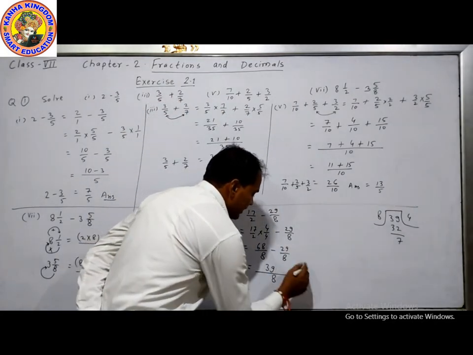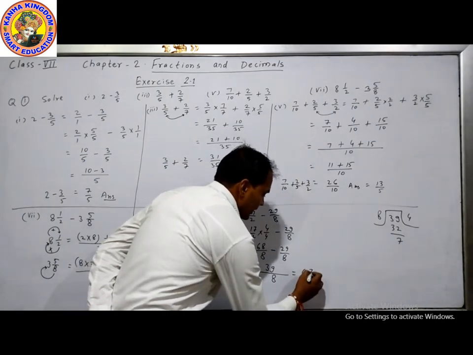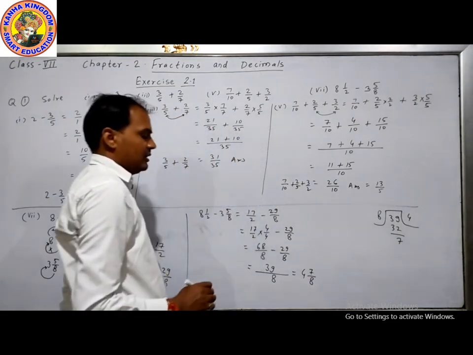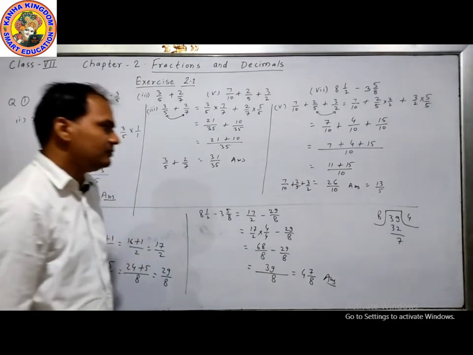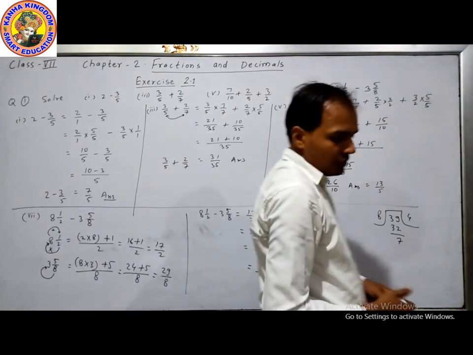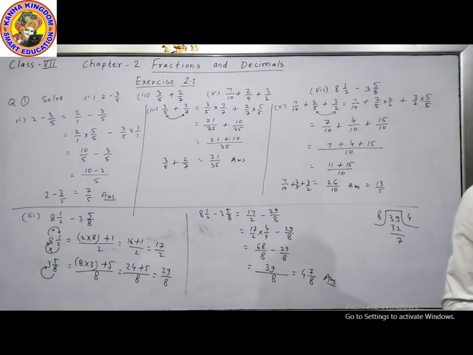We can divide 39 by 8 four times, remaining is 7, over 8. This is our final answer. You can take a screenshot. We will move to our next question.